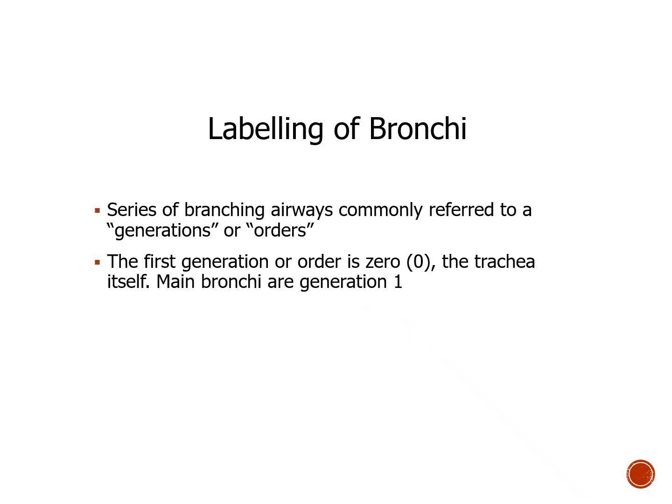Bronchi branch regularly, and the different levels of branches are called generations or orders. The first generation, that is the trachea itself, is generation or order 0. Main bronchi are generation 1.